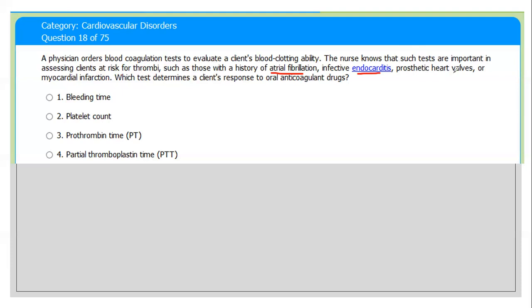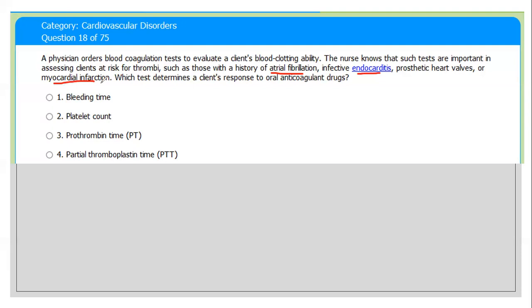Or prosthetic heart valves. So in valvular heart disease, we replace the artificial valves. Or myocardial infarction. It is not infection, it is infarction, right? So it is actually the heart disease.